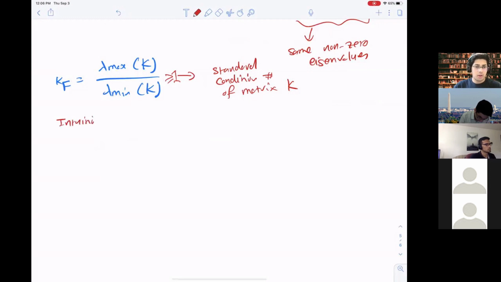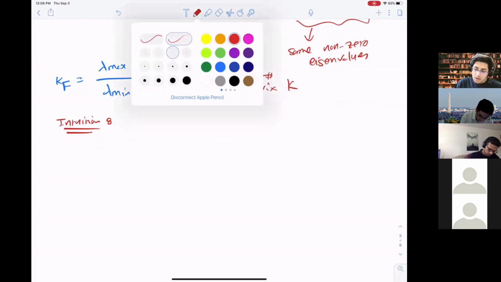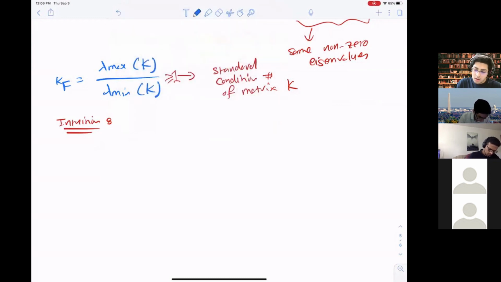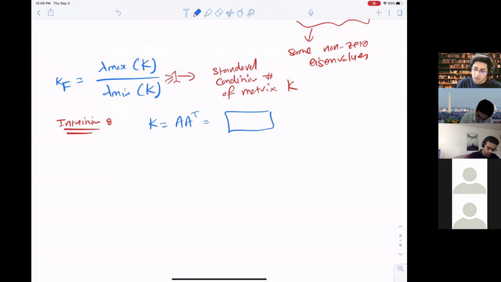Why, if I have an over-parameterized system, will I have a good condition number? Here again, K is A A transpose. So it's a matrix like this times its transpose. Let's assume, just to get an intuition, that all of the elements in this matrix are normal from 0, 1.